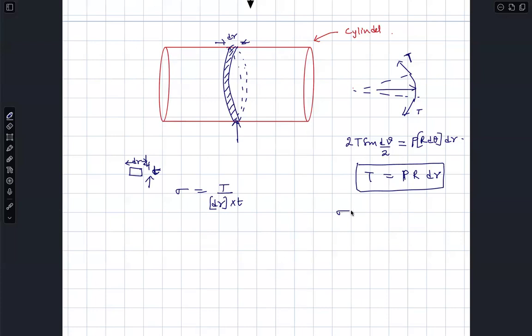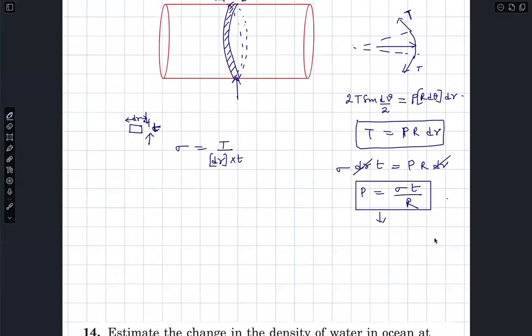So therefore, sigma dr t is P into R into dr. dr cancel. So therefore, the pressure allowed maximum is sigma t by R. Remember, this is the allowed pressure up to which the curved surface will not tear up.